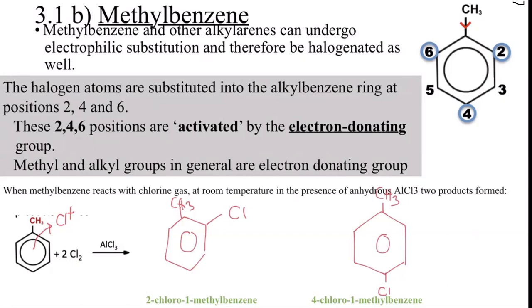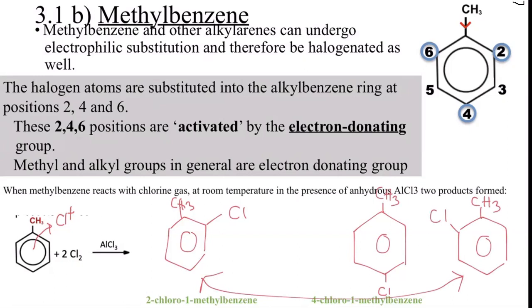Okay, now 2, 4, 6. The other possible position is 6. Do you notice that the 6th position and the 2 position is the same? You just flip your molecule. Okay? So this is what it means by activating the position.